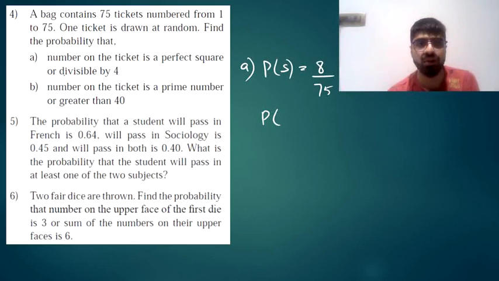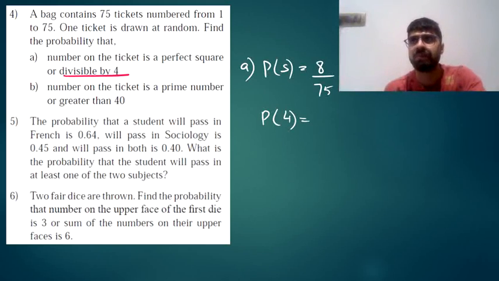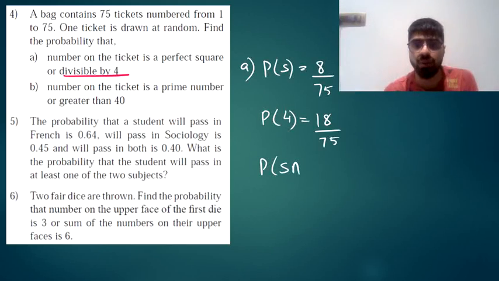Then the probability of the number being divisible by 4. 72 is the 18th multiple of 4, so 18 into 4 is going to be 72. So we have 18 numbers which are divisible by 4 from 1 to 75, and that is why the probability of the number being divisible by 4 will be 18 upon 75. Now what is the probability of the number being a perfect square as well as divisible by 4?